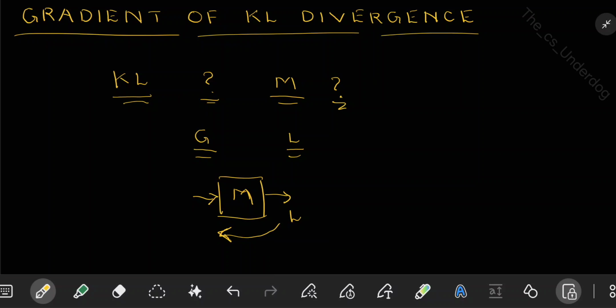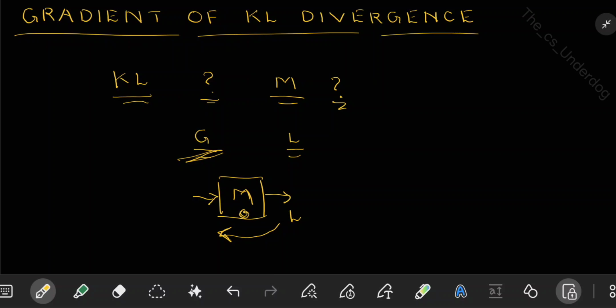While you are back propagating the loss, how do you decide how much to modify each of the model parameters? This modification is done based on the gradient. So you should know the gradient in order to know to what extent you should modify each parameter in this particular round of backpropagation.